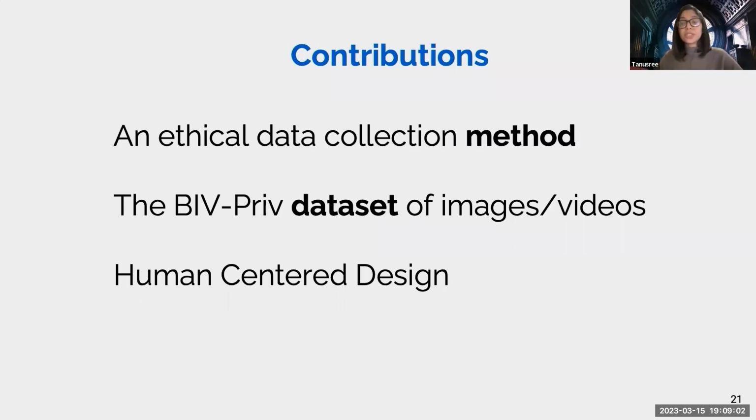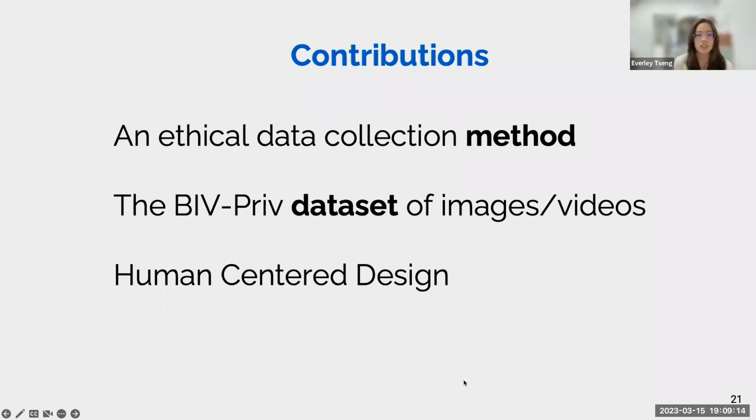On a final note, this project has 3 main contributions. Our project contributes a method of ethically creating datasets with blind users with an aim to support the development of AI tools. For the computer vision community, this project provides access to private visual data where images and videos are taken by people with visual impairments.